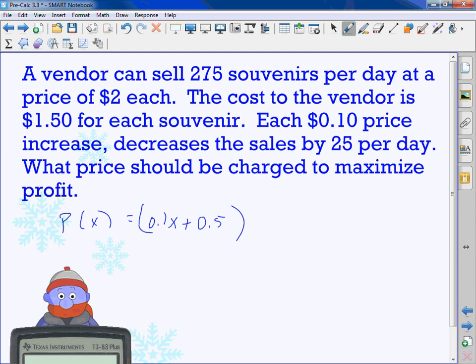Every increase, I gain 10 cents. Now for the actual item sold. How much is it decreasing? It's decreasing 25 per increase. And what do I start with? From 275.